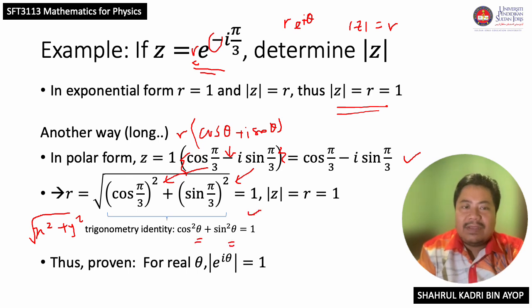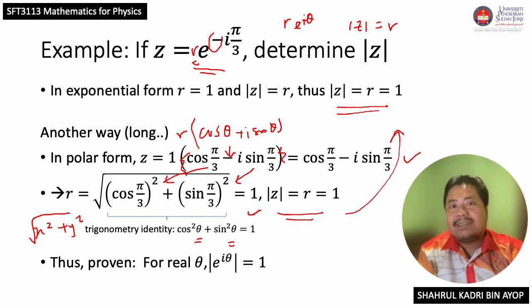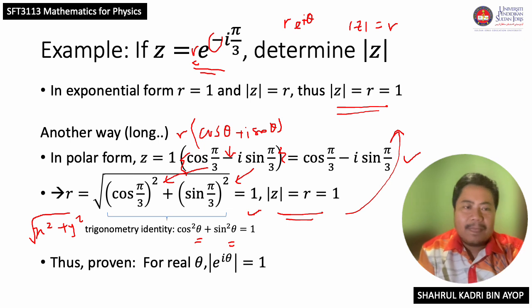So finally we get the same result, which means they are consistent with each other. So what we have done is prove that the modulus of this value is equal to 1.